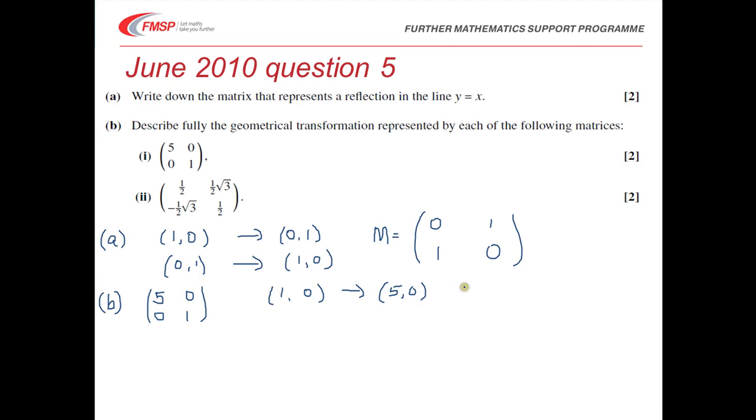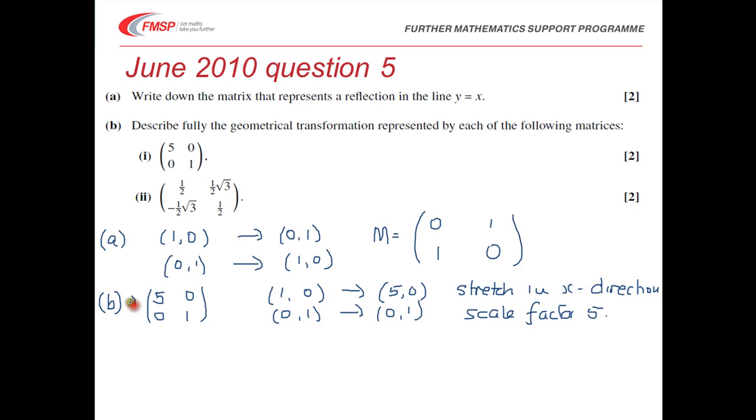So it's been stretched in the x direction, scale factor 5. And if we consider what's happened to 0, 1, you see that hasn't changed at all. So that's the only thing that's happened with that matrix.